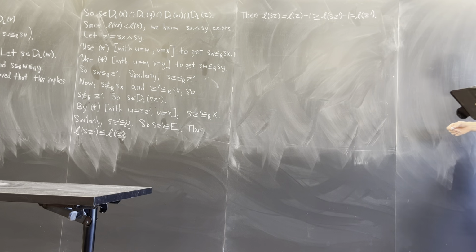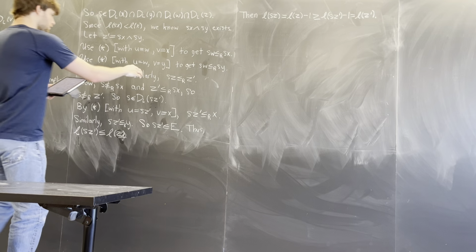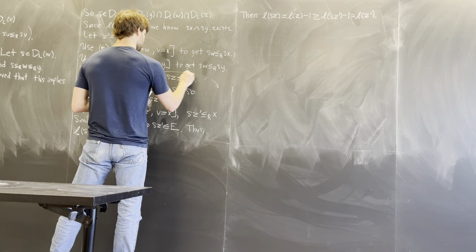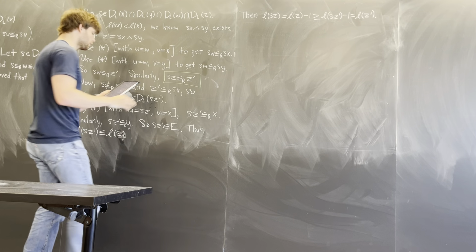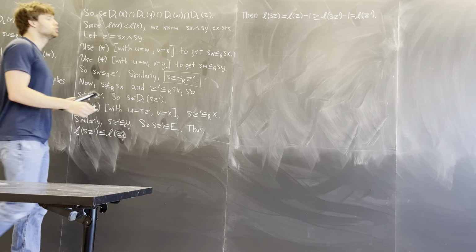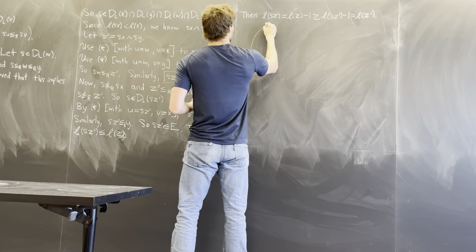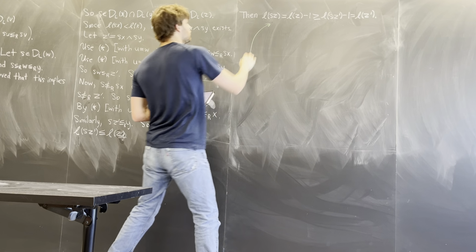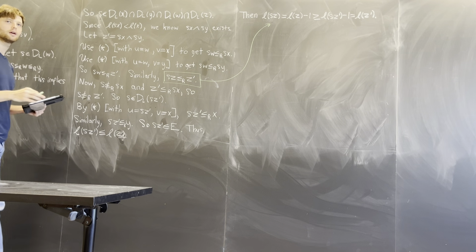Wait, where is this? Somewhere I should say that SZ, no. This, yes, SZ is less than or equal to Z prime. But then I also know that the length of SZ is at least the length of Z prime.